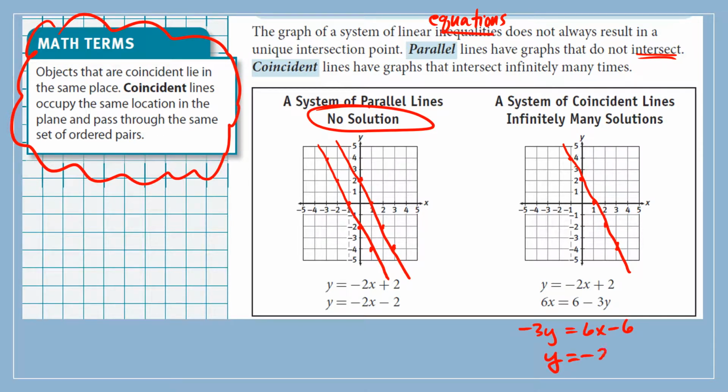So y equals -2x plus 2. So this one, if I graphed it, they didn't look the same to begin with, but now if I put this on the graph, there's my y-intercept, here's my slope, and I end up with the exact same line. So these are coincident lines and they have infinitely many solutions.